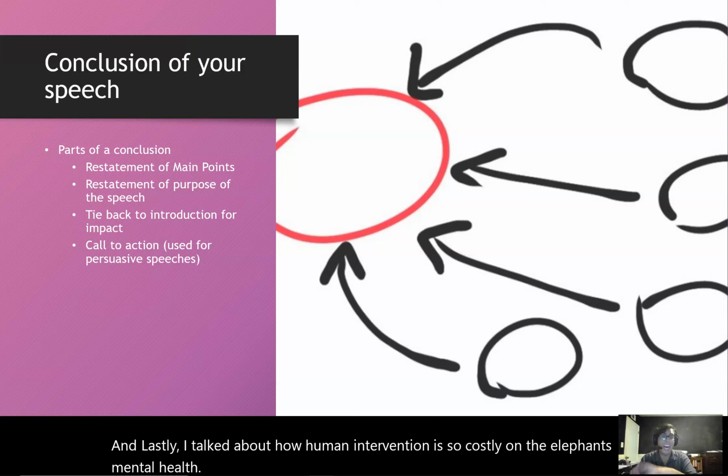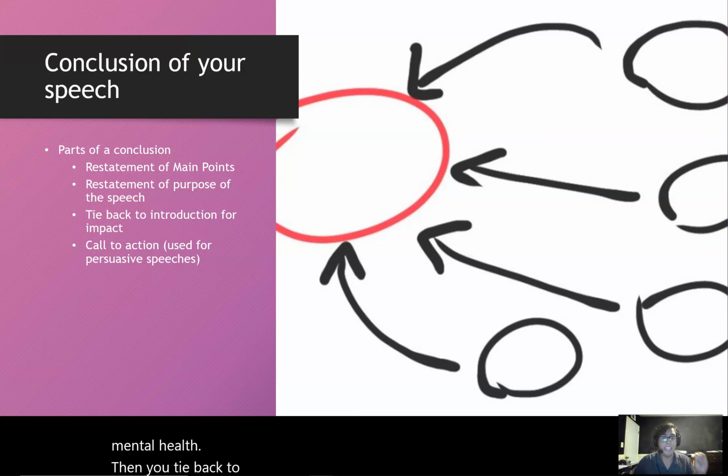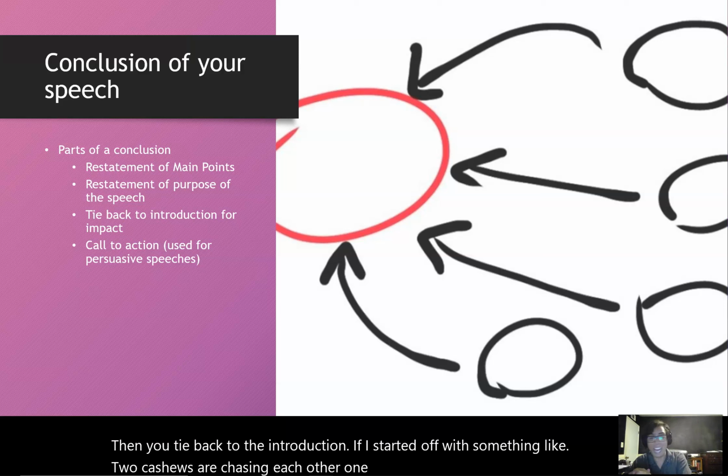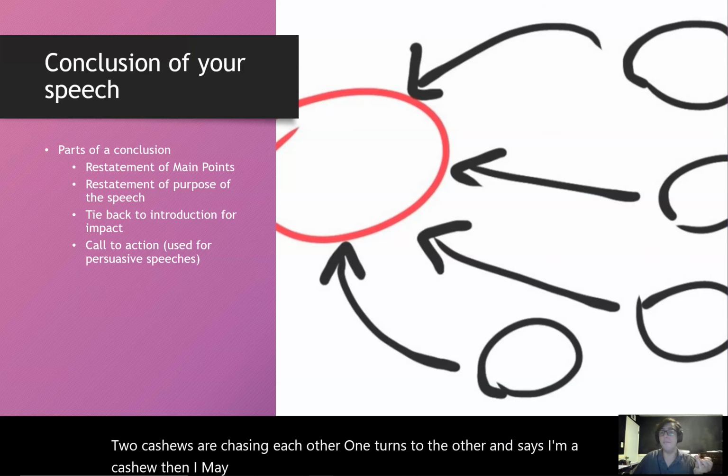Then you tie back to the introduction. If I started off with something like, two cashews are chasing each other, one turns to the other and says, "I'm a cashew," then I may end the speech with something like, "I hope that this was a not so nutty experience."